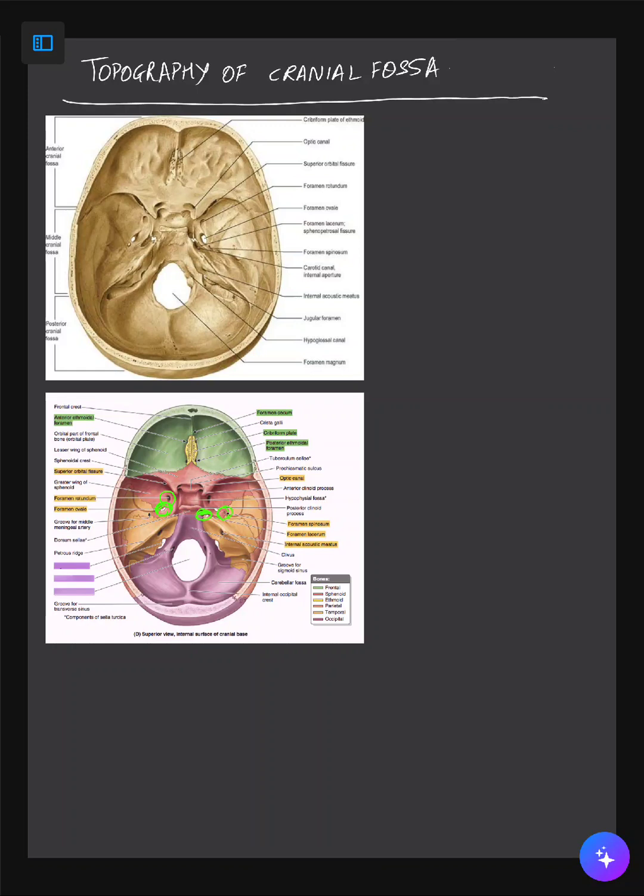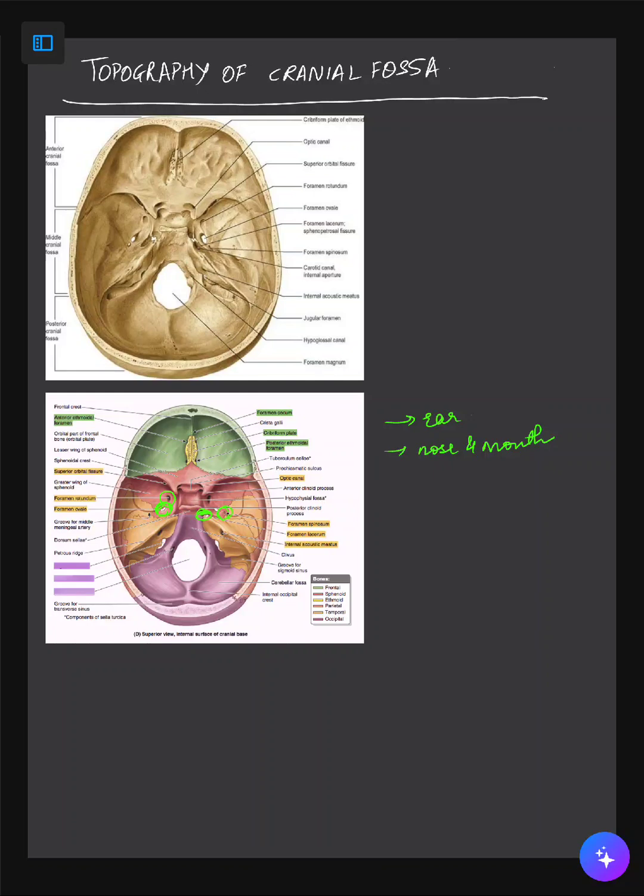Now, what are the clinical features of this middle cranial fossa? If there is bleeding and discharge, the cerebrospinal fluid comes through the ear. Also, there is bleeding through the nose and mouth if the sphenoid bone is involved.